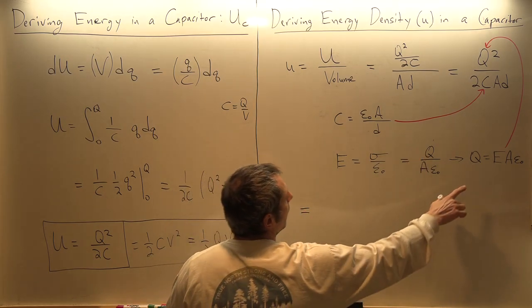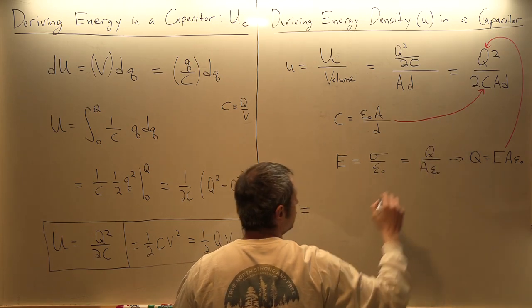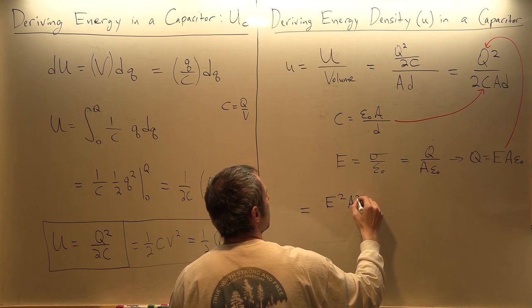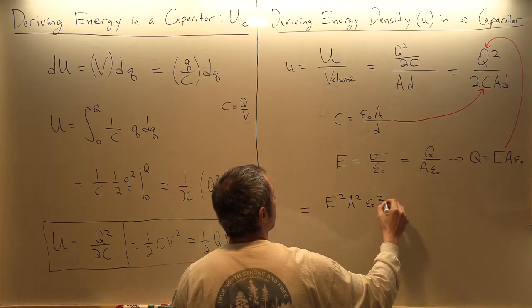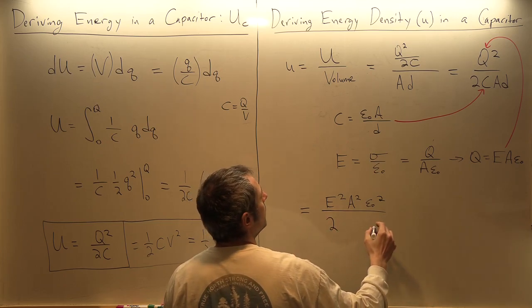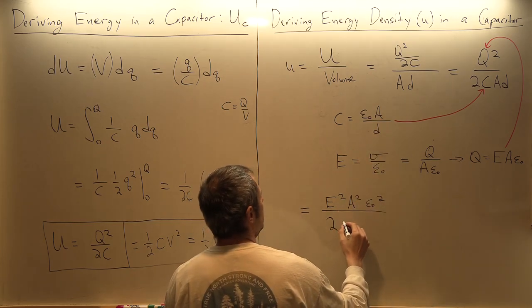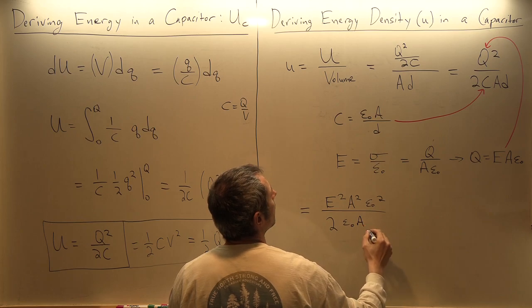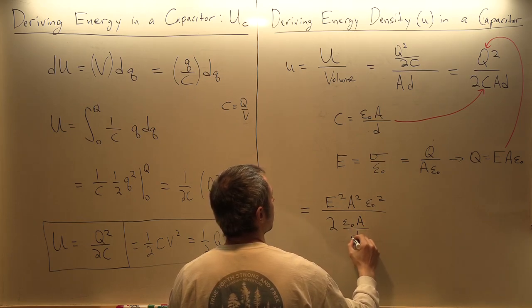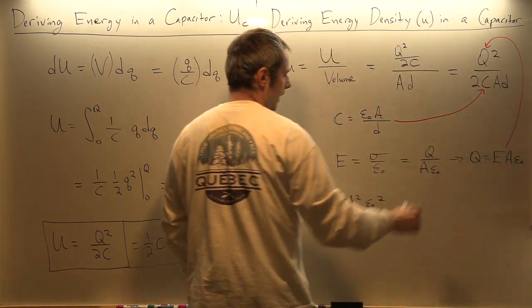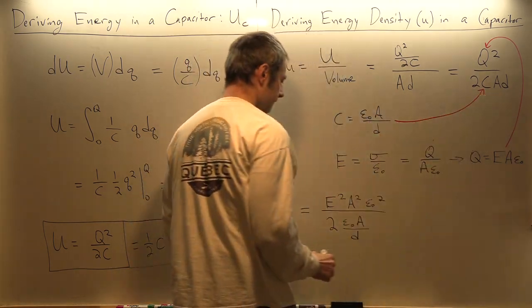So on the top, we've got this squared, the Q squared, giving us E squared, and on the bottom, I've got 2 times this, the C, and then that's C right here, and then I also have AD.